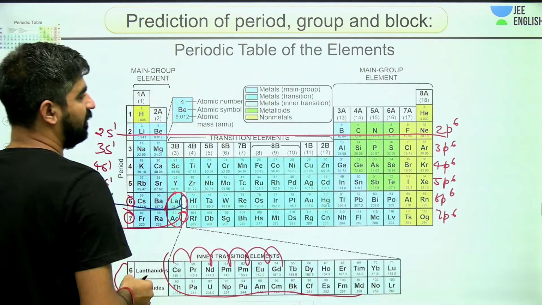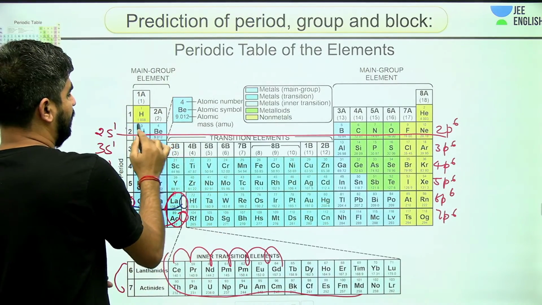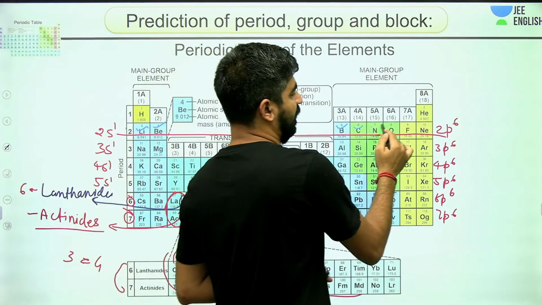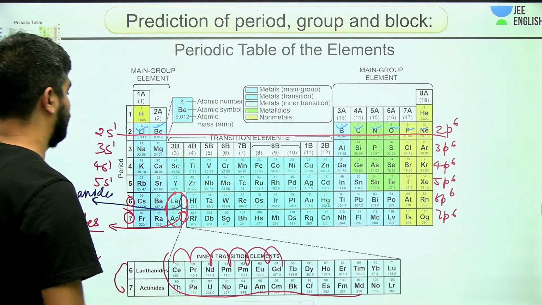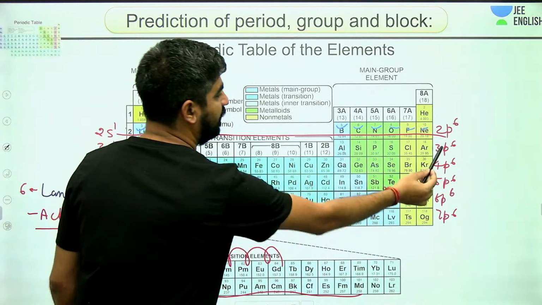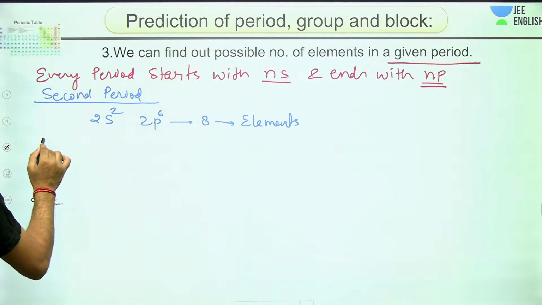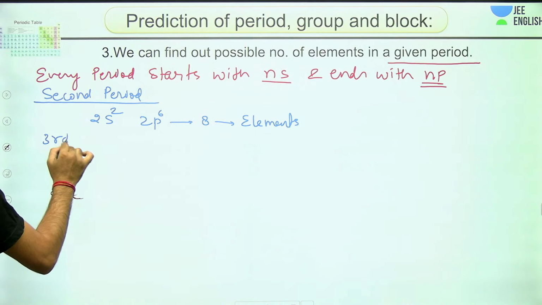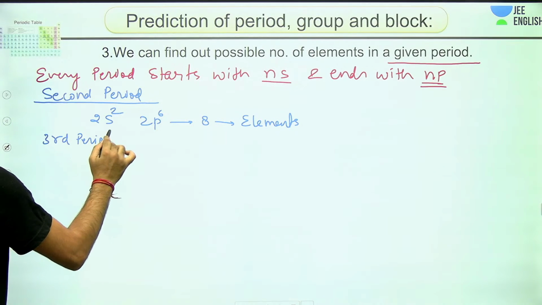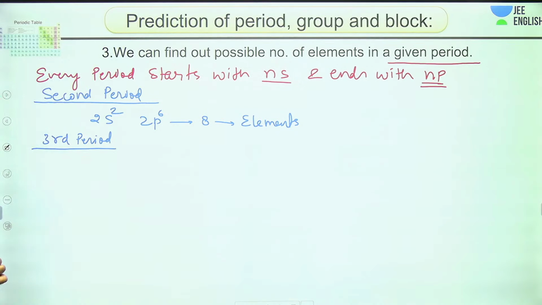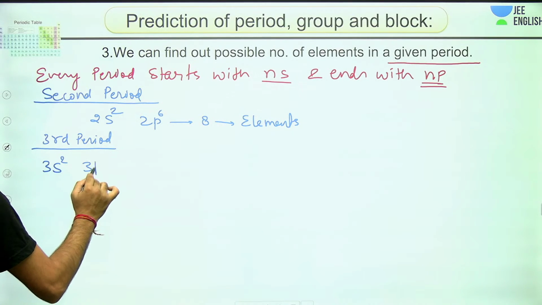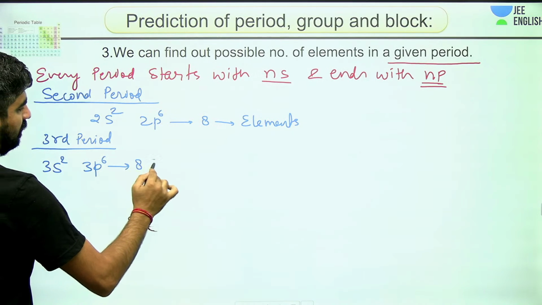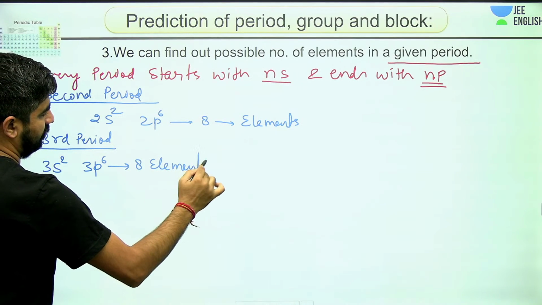So in second period, you can see 1, 2, 3, 4, 5, 6, 7, 8, we have 8 elements, right? And third period, we have again 8 elements. Now I will again do it for the third period. How will you do this? You will write 3s2, 3p6, again 8 elements.